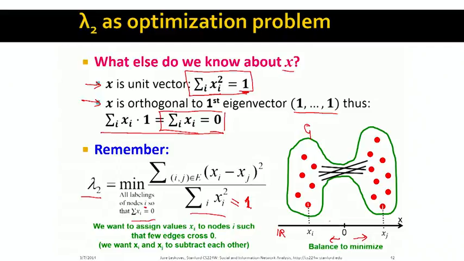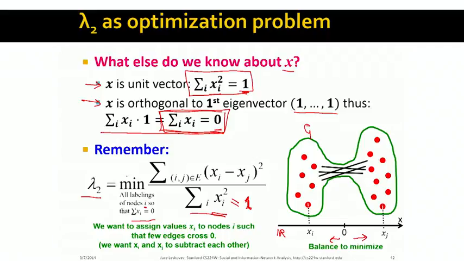The reason we have to put some nodes to the left of 0 and some to the right is that we need the sum of the components of X to be equal to 0. We cannot put all the nodes on one side or all the nodes on the other side. This means that for every node we put on the positive side of the real line, we have to put something on the negative side so that the whole thing cancels out.